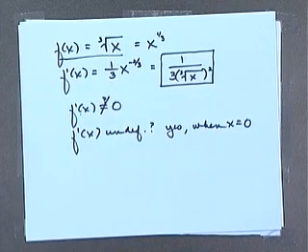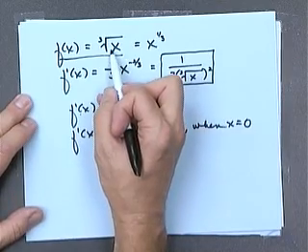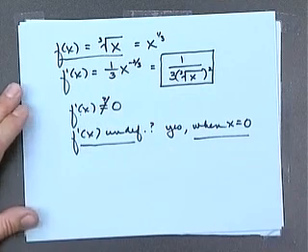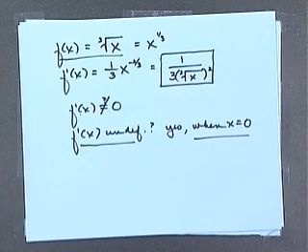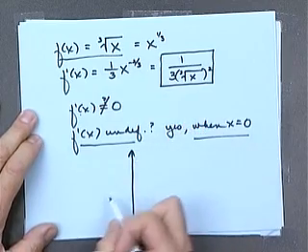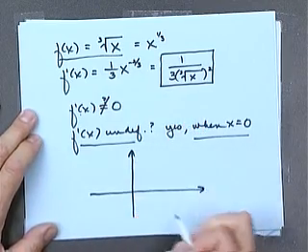Yeah, 0. So this is a nice continuous curve. But the derivative is undefined when x is 0. Think of an undefined slope. What visual image does that conjure up? Undefined slope. Vertical, right?